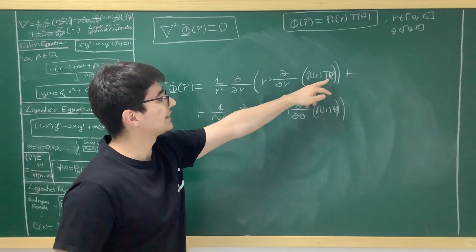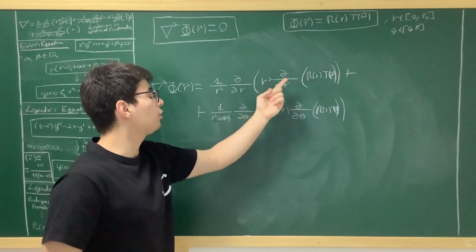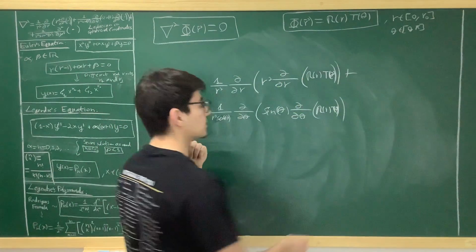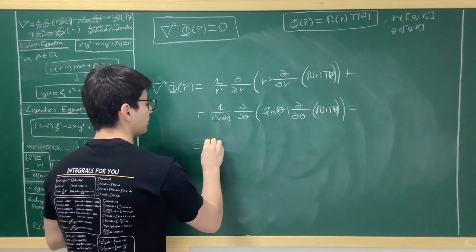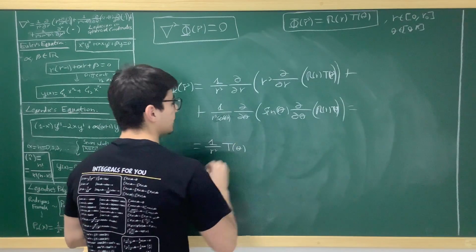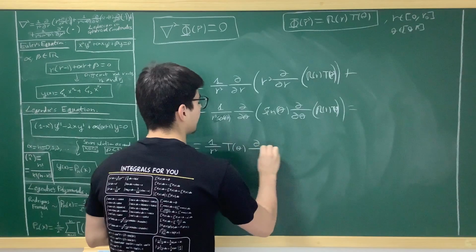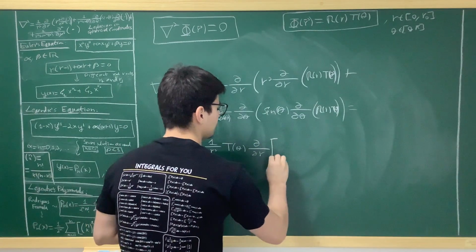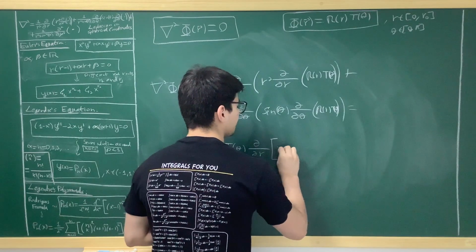So, given the fact that T of theta only depends on theta and doesn't depend on r, it can actually come out of both derivatives. And we end up with 1 over r squared T of theta, which comes out of both derivatives, times the partial derivative with respect to r. Let me just write this here like this.